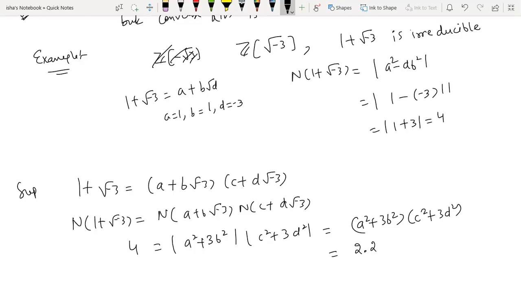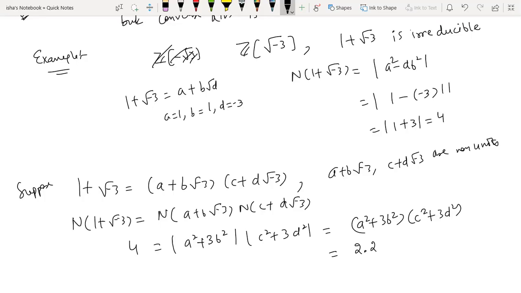Suppose I am able to write 1 plus square root minus 3 as a product of two elements where both are non-units. I'll reach a contradiction, because I want to show it is irreducible. So I have supposed I am able to write it as a product of two non-unit elements, so since they are non-units, the 4 is coming out to be this into this.